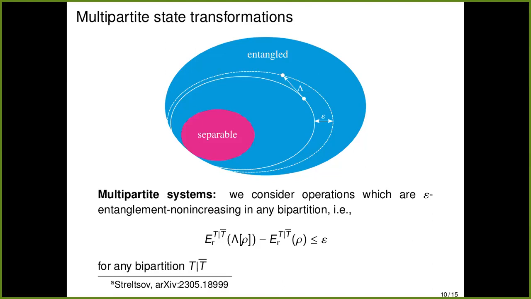Well, actually, the maps of Martin and Fernando are asymptotically entanglement non-generating. They are also asymptotically entanglement non-increasing, because just by the condition that the robustness of entanglement can only increase by epsilon, you get this condition, and with relative entropy you then get that the relative entropy cannot increase.